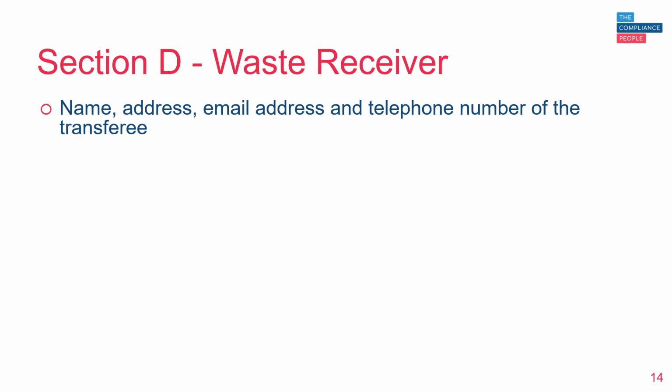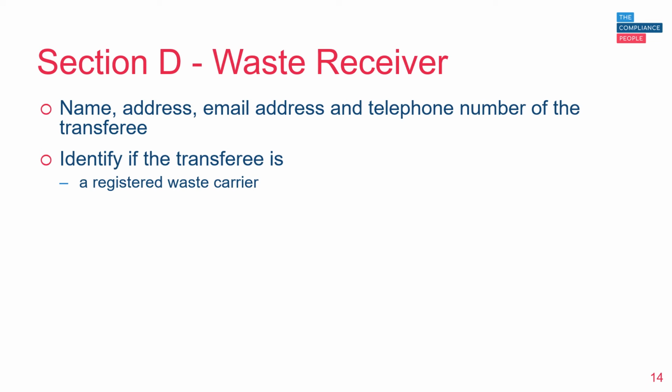Section D of the waste transfer note is all about the waste receiver. The waste receiver can also sometimes be known as the transferee. In section D, you need to record the name, address, email address and telephone number of the transferee.